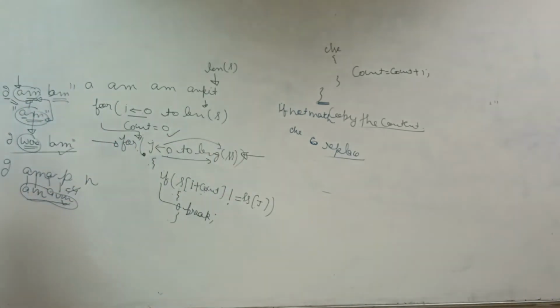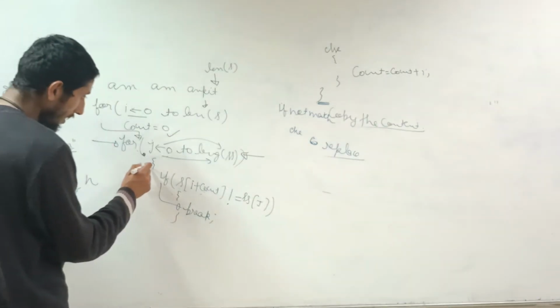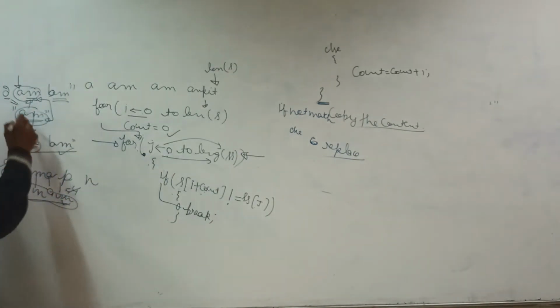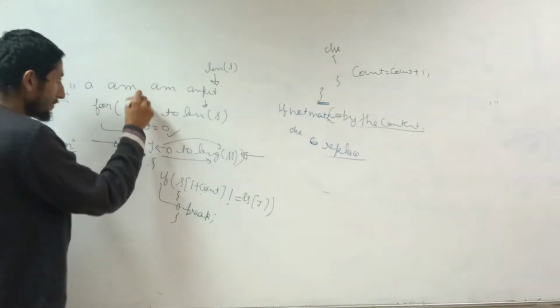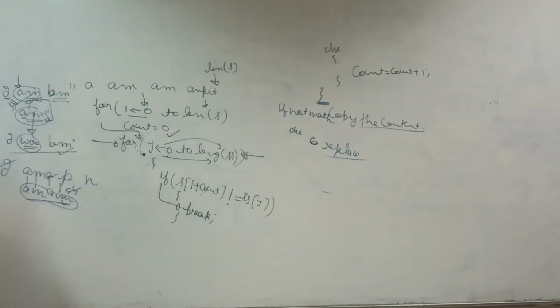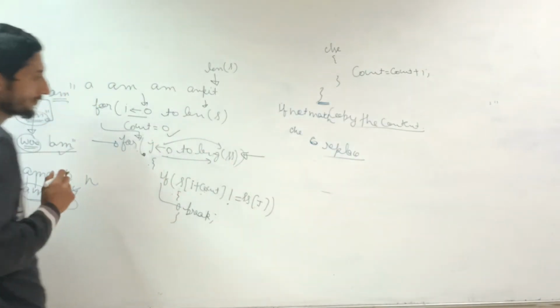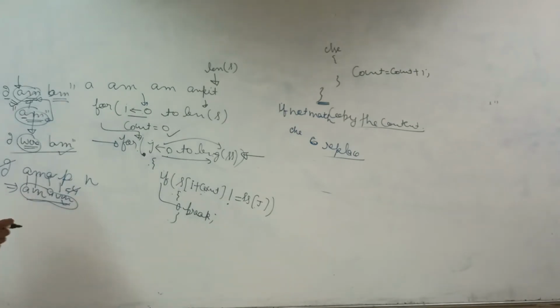So the meaning of this is, you have found the occurrence of this string in the original string at the ith position. Please pay attention to what I am going to convey. If this substring has been found in the original string, then this loop will run from 0 to length of the string minus 1, because every time you match the characters.